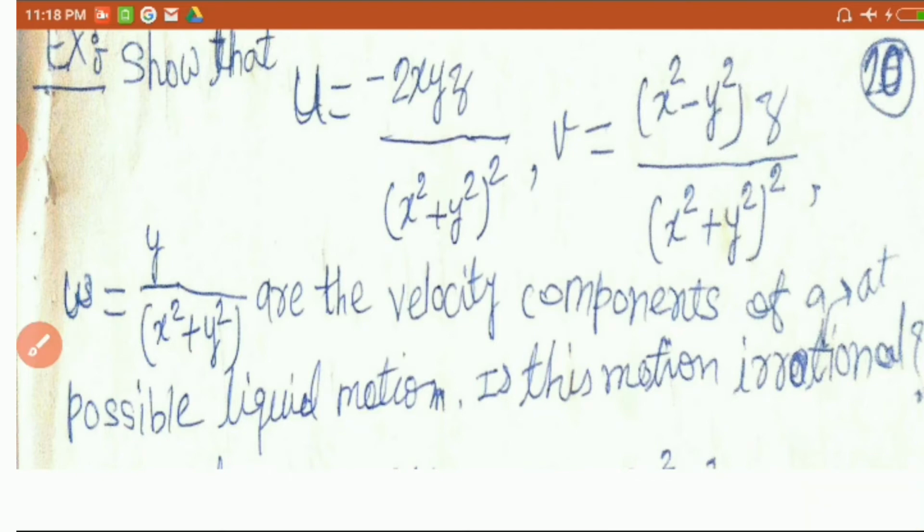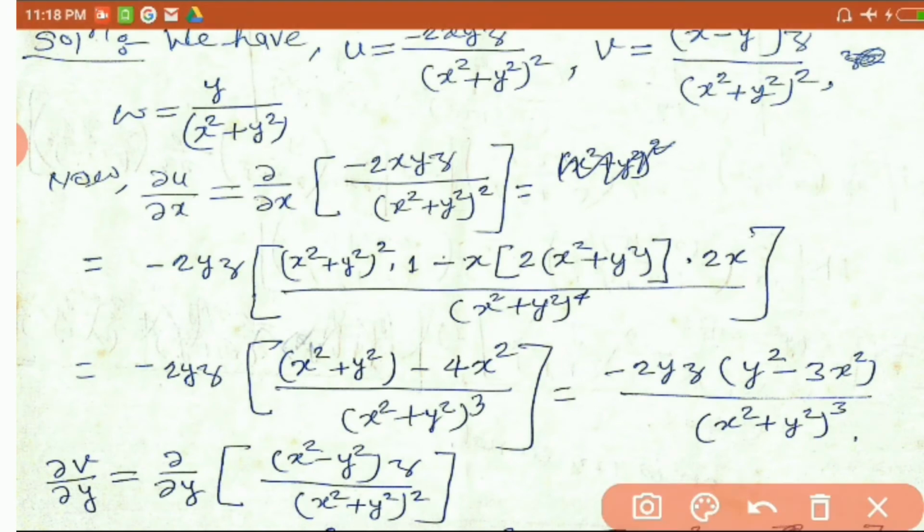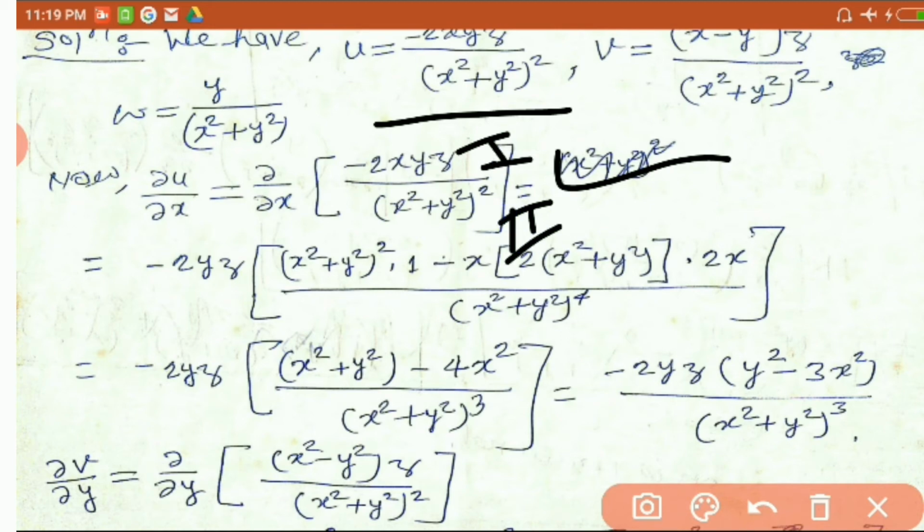So if we take the differentiation, this ∂u/∂x is equal to ∂/∂x of this u. So minus 2xyz is the first function, and (x² + y²)² is the second function.